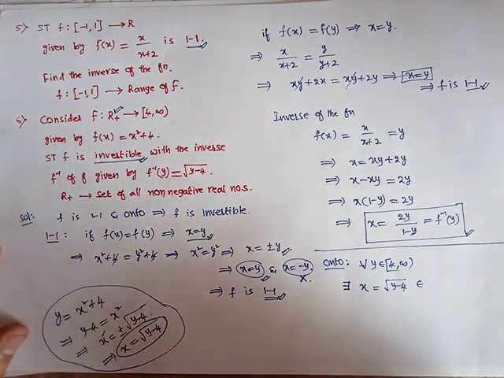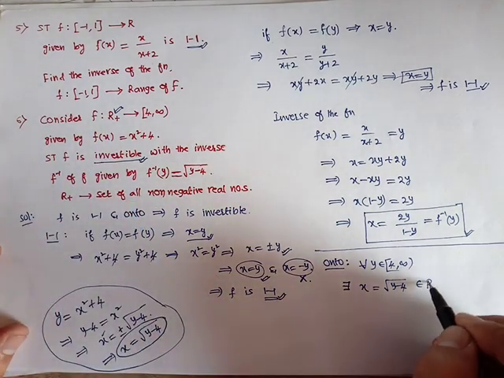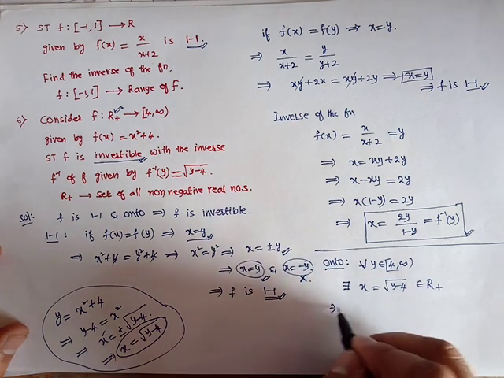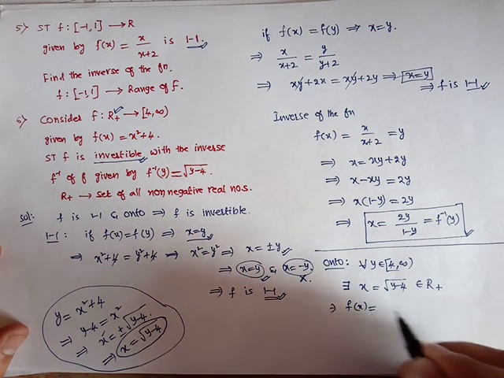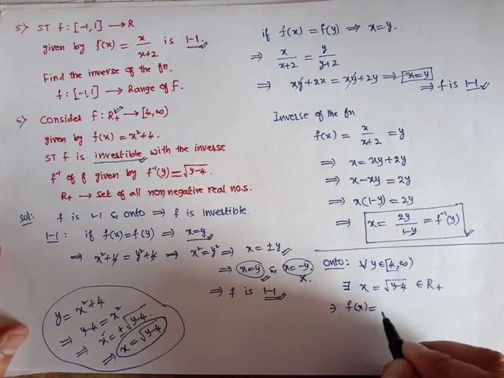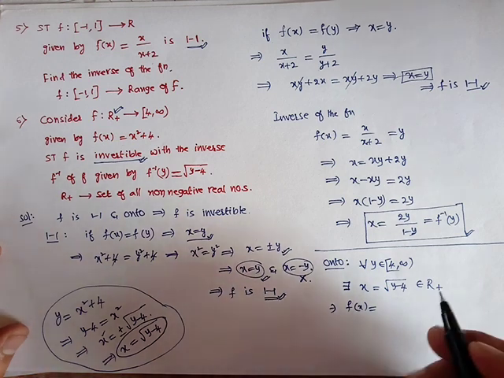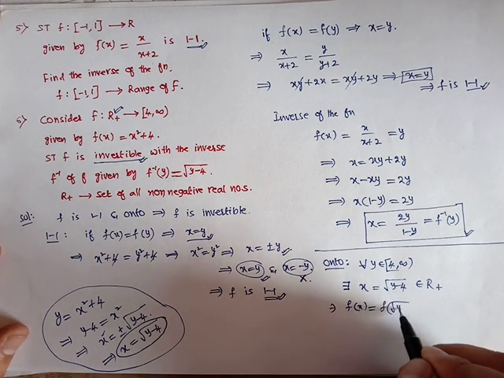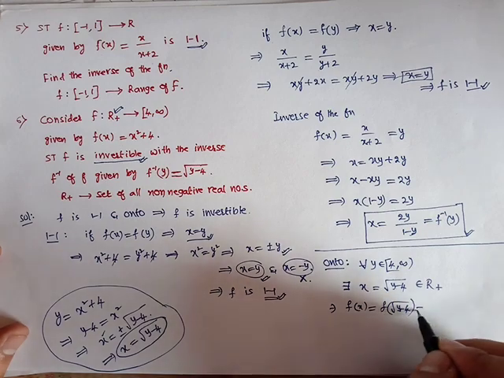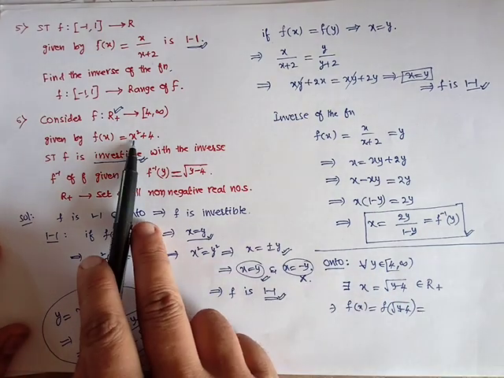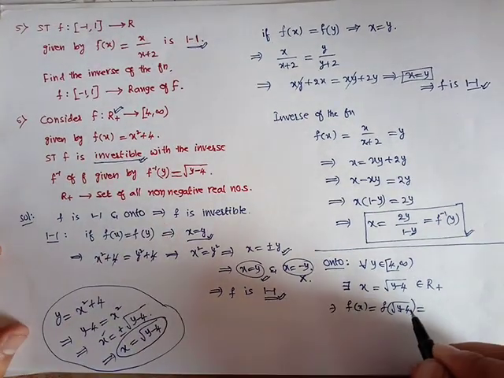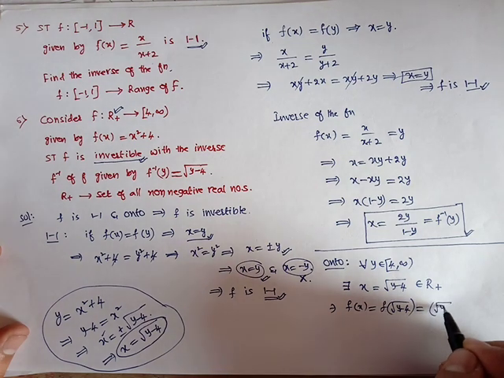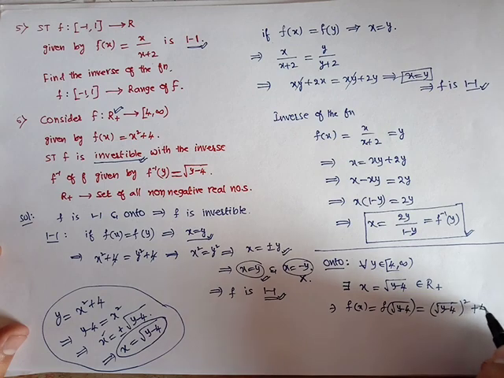The first set is R+, such that f(x) = y. f(√(y − 4)) = x² + 4, so wherever x is there you write (√(y − 4))² + 4.